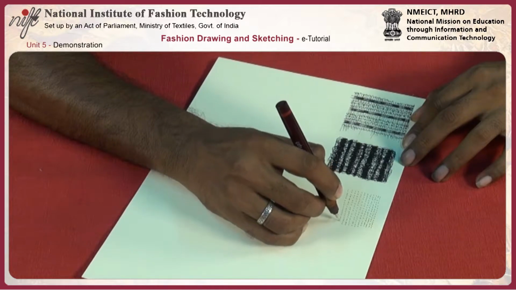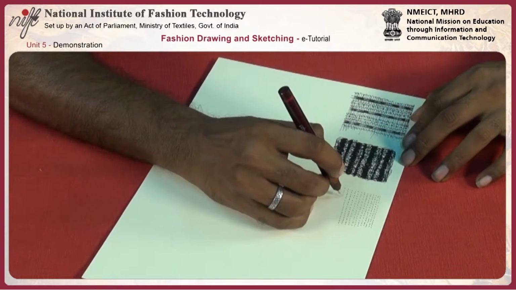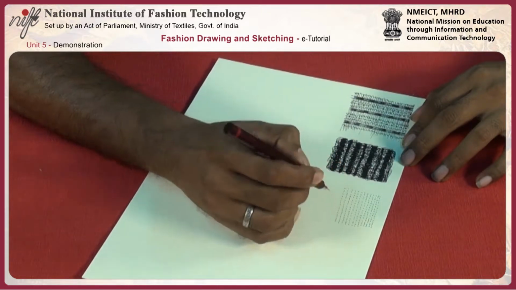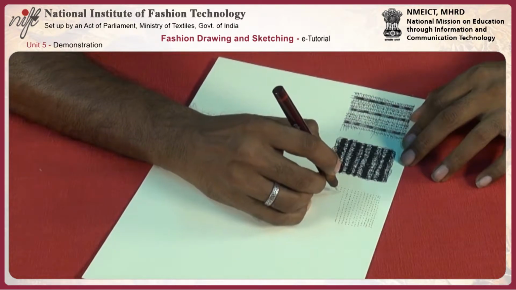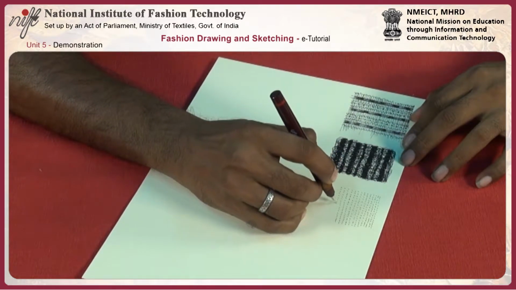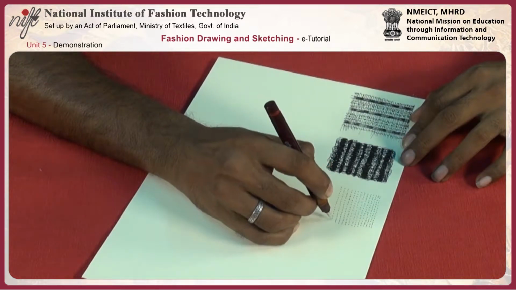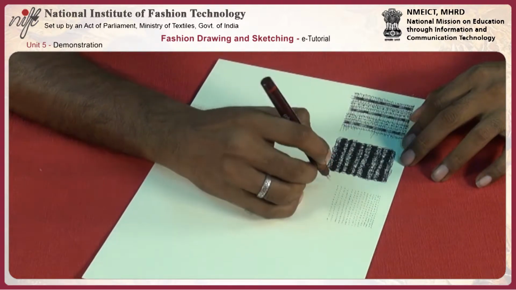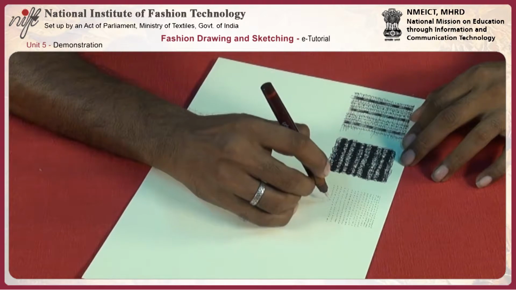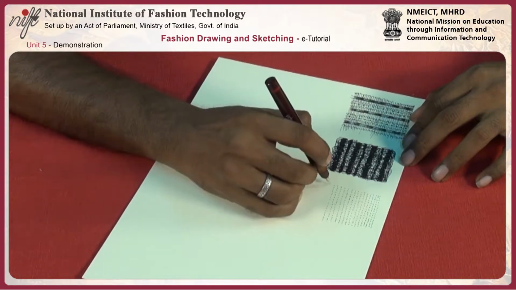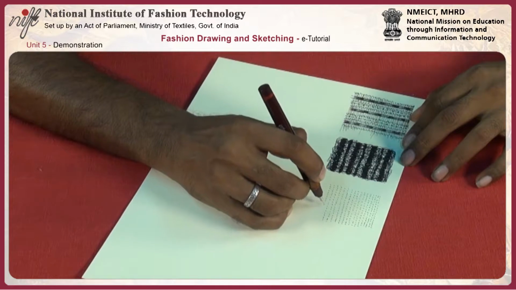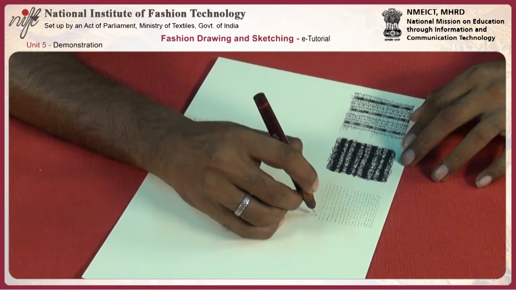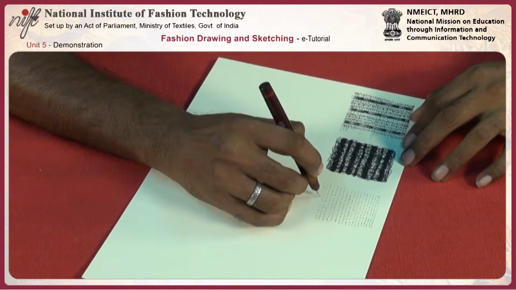You can actually see certain parallel lines forming on the paper even though I have not drawn a continuous line. So this kind of consistency has to be followed by the fashion illustrator. One must be very thorough in drawing such points or lines according to one's wish.